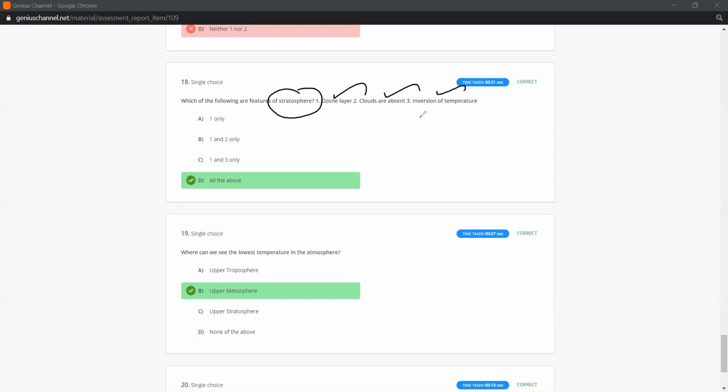Yes. Inversion of temperature is the opposite of the normal lapse rate. In the normal lapse rate, temperature decreases with increase in height. In inversion of temperature, temperature increases with increasing altitude.